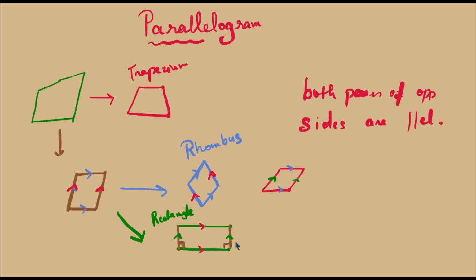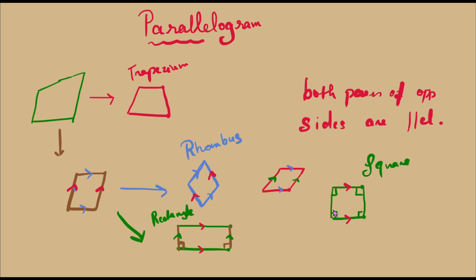And now there can be one more shape which is a combination of these two, that is, all sides equal and at the same time the sides are at right angles to one another. Yes, you would have guessed it. This is a square, and this is also a parallelogram because even here both pairs of opposite sides are parallel to one another, right?